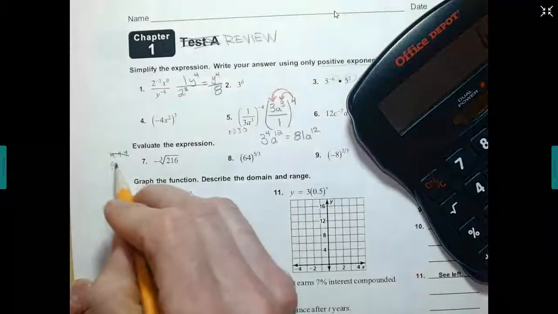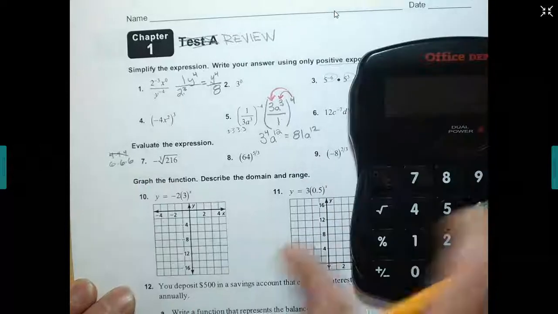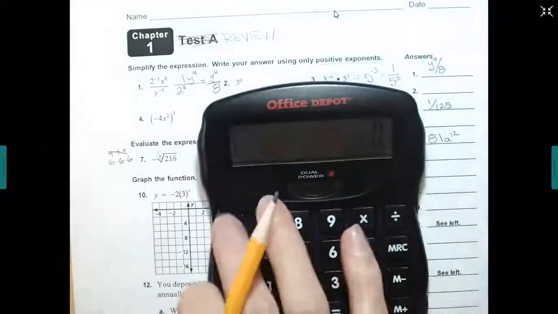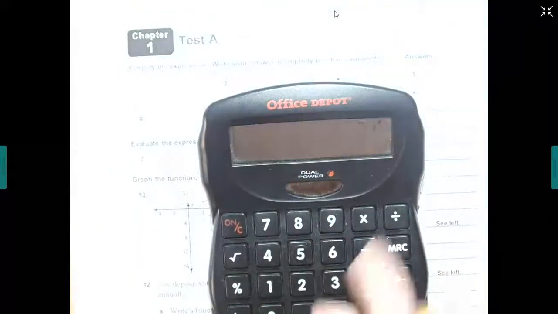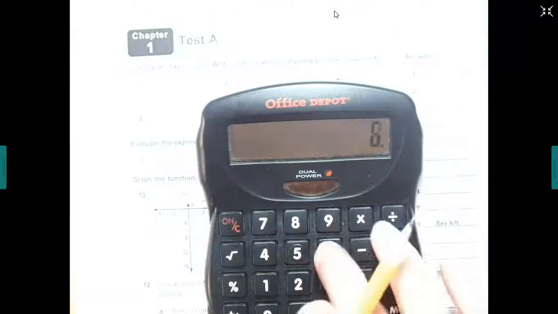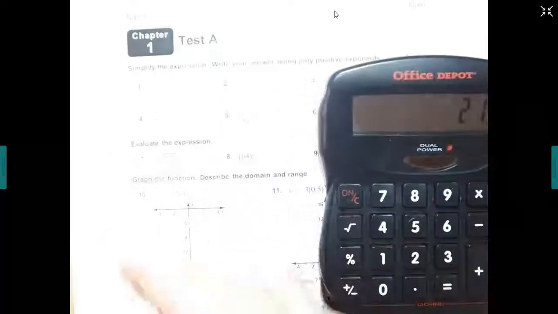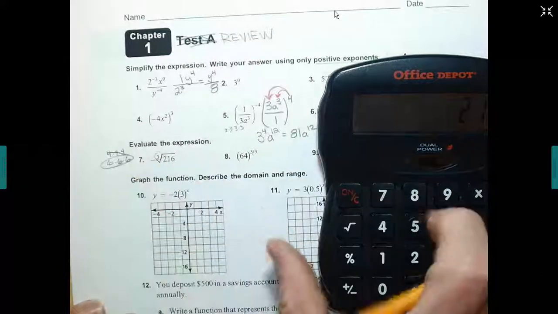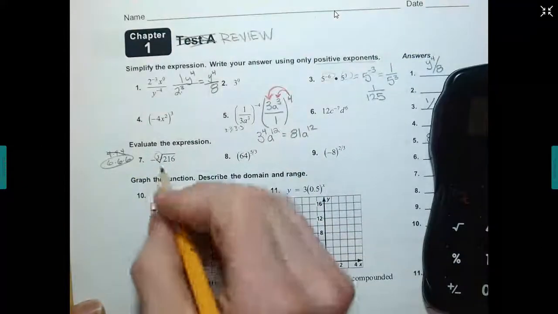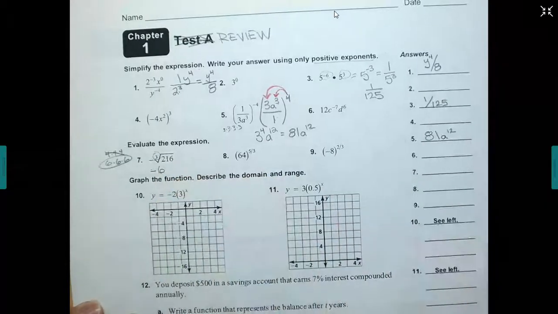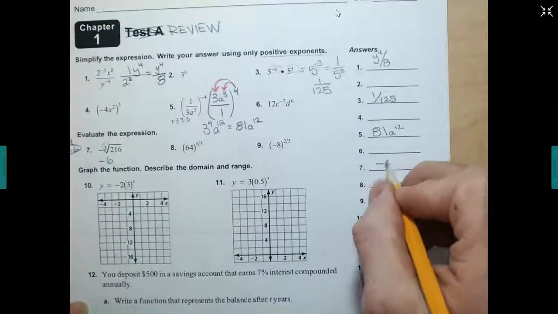So how about 6 times 6 times 6? Because this means I have to do it 3 times, right? So 6 times 6 times 6. Whoa, 216. There it is. So this negative stays here. The 3rd root of that is 6. So I have negative 6.